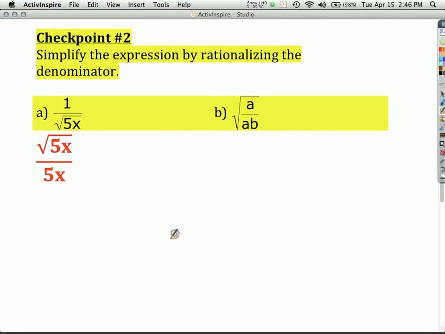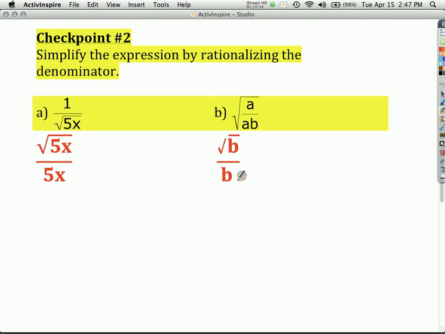Nicely done. What about part B? We'll start with John, and then we'll go to extol, and then we'll go to funk. A times the square root of b over 2b. Okay? Times the root of b over 2. So you got the same thing. Good. Funk.